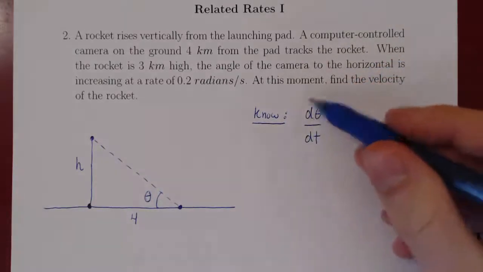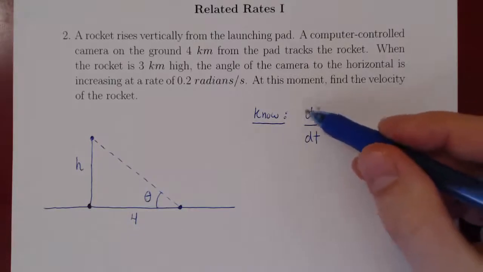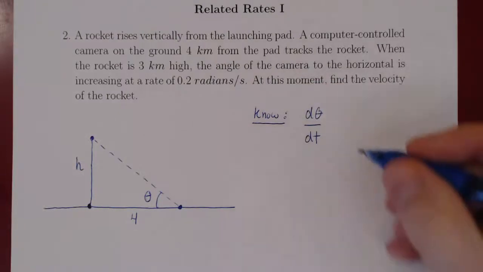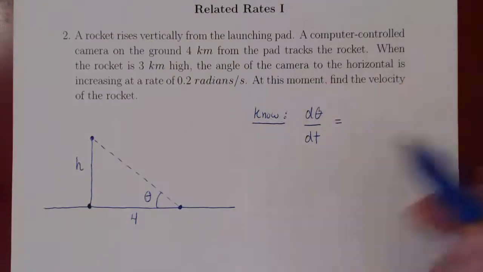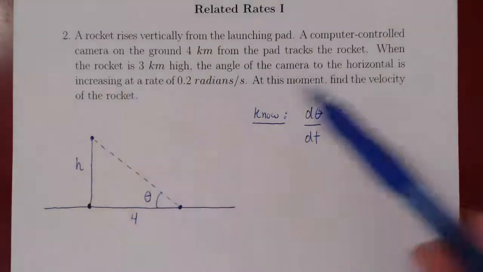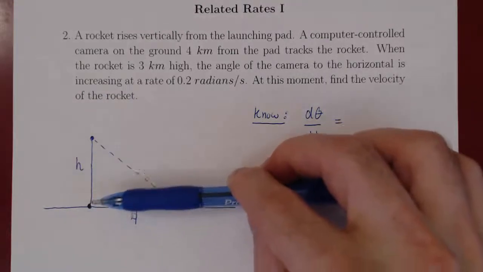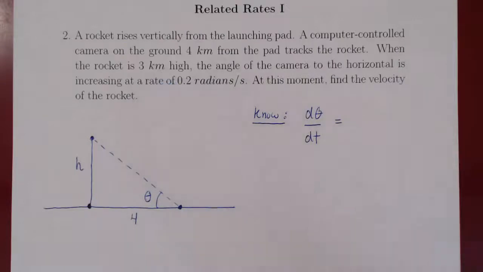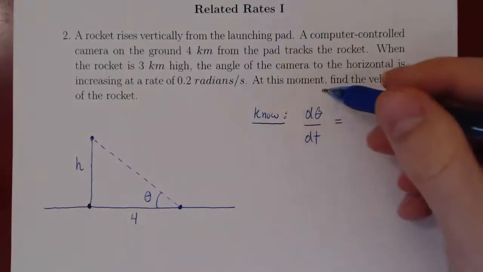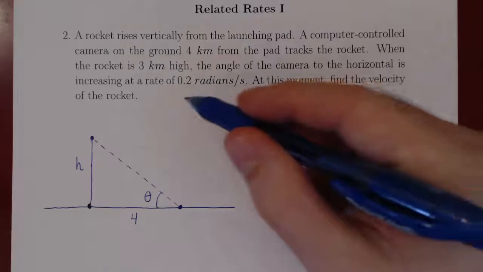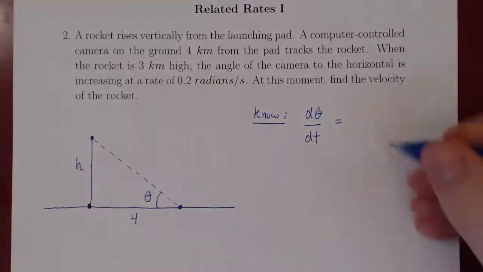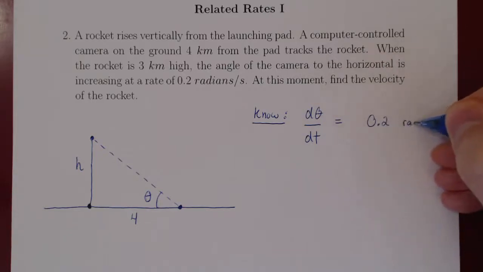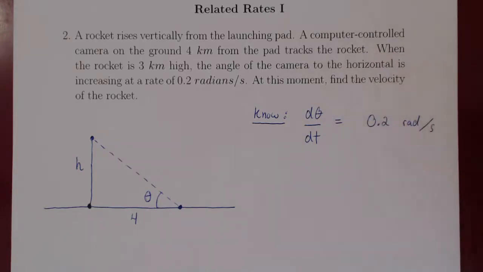The rate of change is the derivative. And the angle is increasing, and it's clear from the picture that as time goes on, the rocket is higher and higher, and so the angle keeps getting bigger and bigger. So positive rate of change, positive derivative, and that is 0.2 radians per second. I'll just write RAD for radians per second.